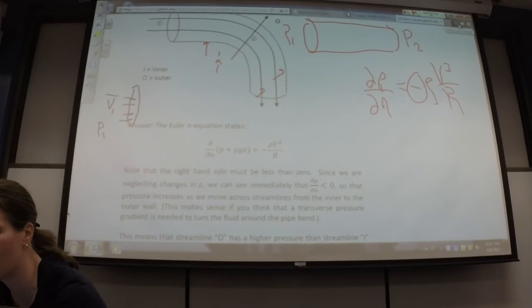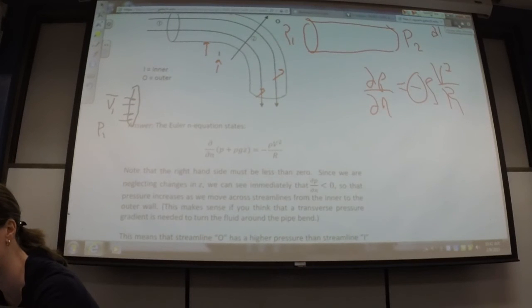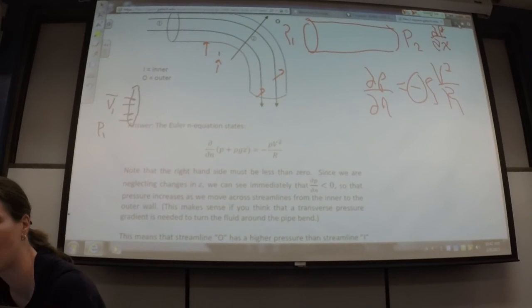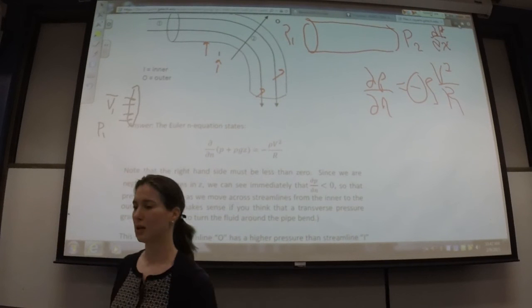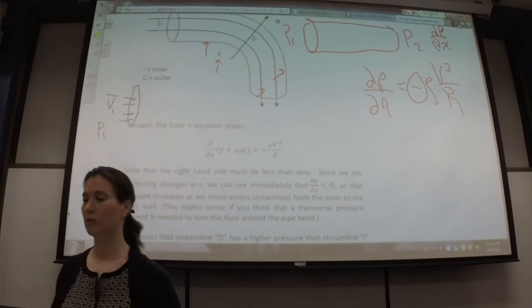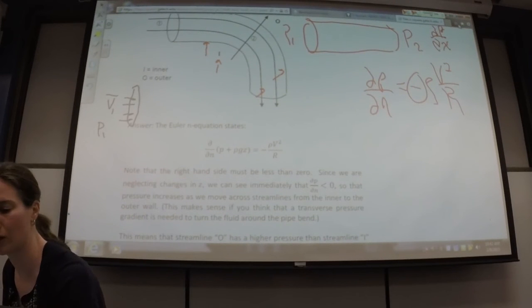If we have a P1 here and P2 here, and we want to think about dP dx, we think about that being high to low, right? So P1, P2 is going to be high to low.